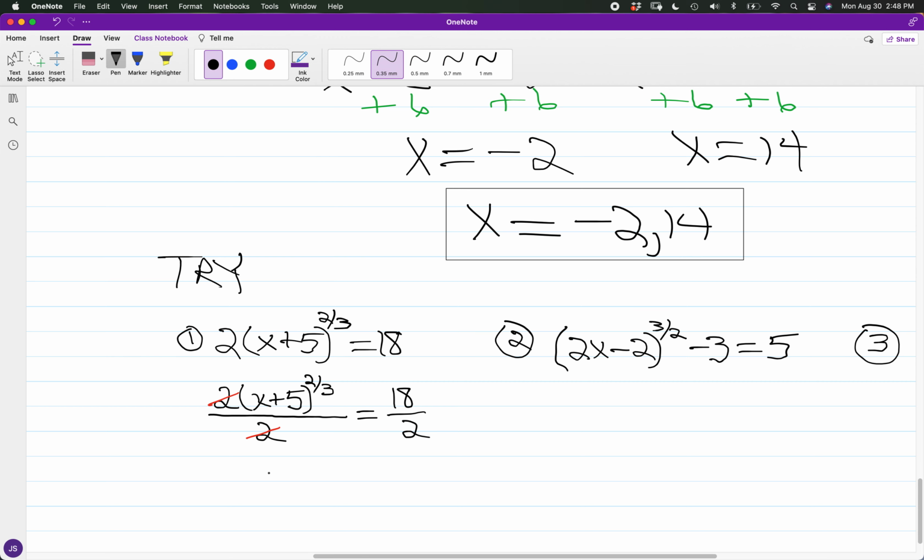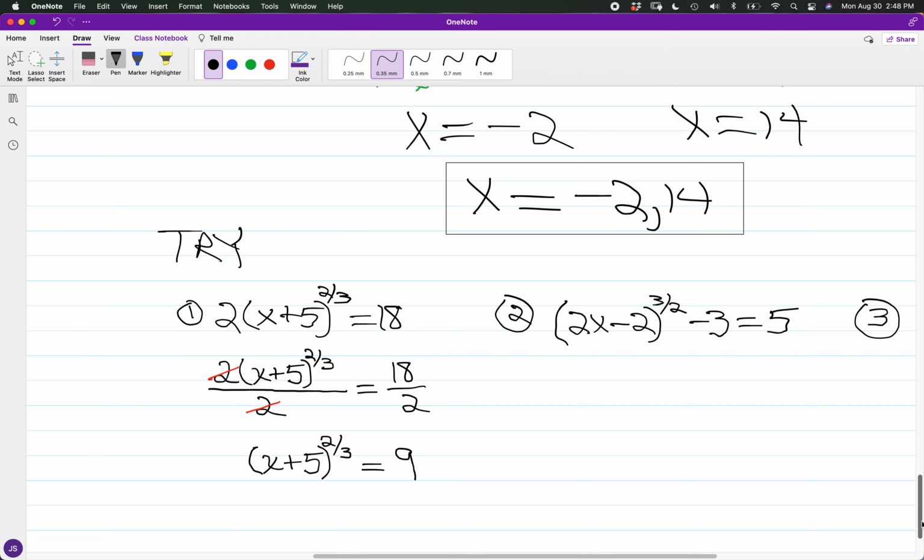So we have the 2 go out on the left, and the quantity of x plus 5 to the 2/3 is equal to 18/2, which is going to be 9.